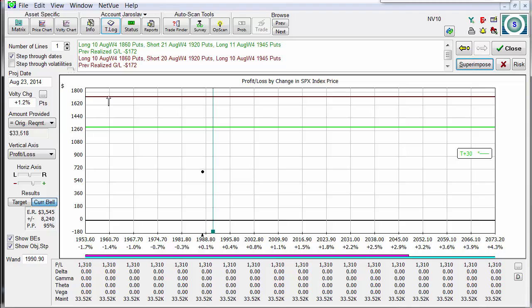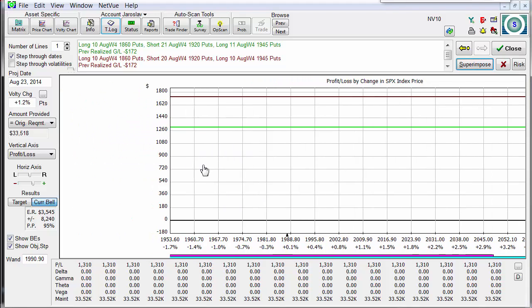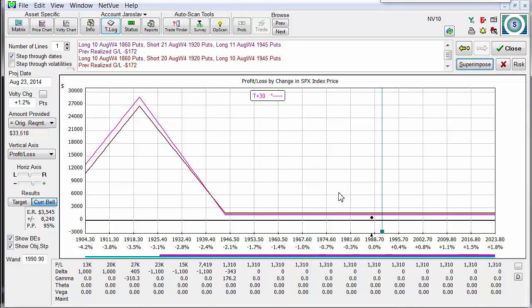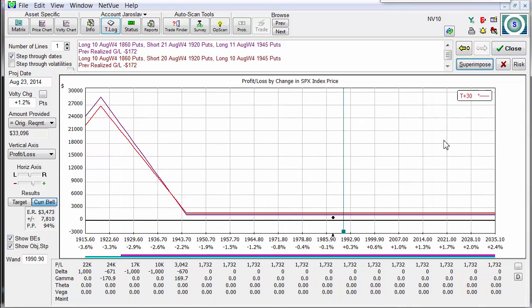You can see there's our $412 difference. So if you hold it to expiration, you get a little bit more money on this side. We've lifted the expiration profit above our long strike right here. So right now we're looking at 1732 if we hold it to expiration, which is a pretty good return.